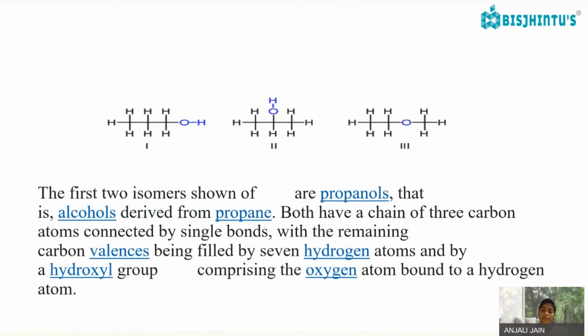So in the first two isomers of propanol, the alcohol is derived from the propane basic skeleton. Both of them have a 3-carbon chain, atoms connected by single bonds, and the remaining valencies of the carbon are satisfied by hydrogen attached to them.